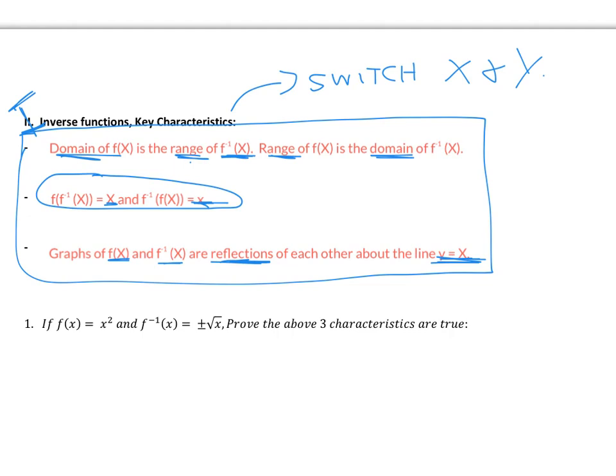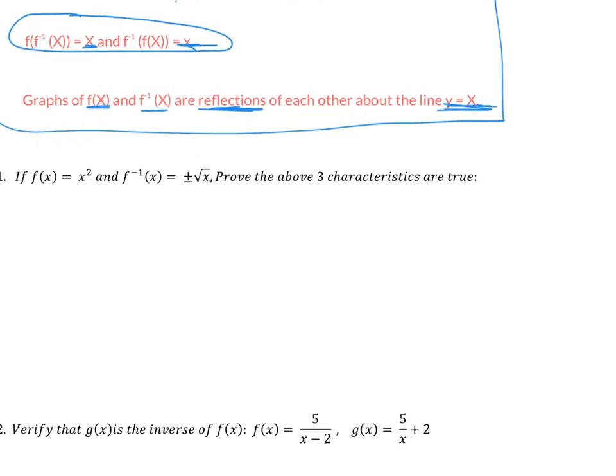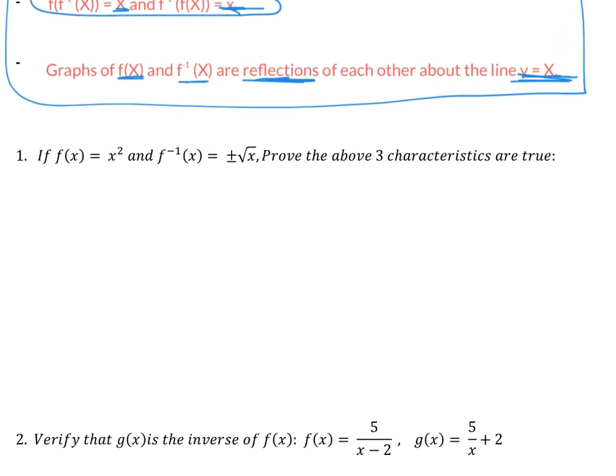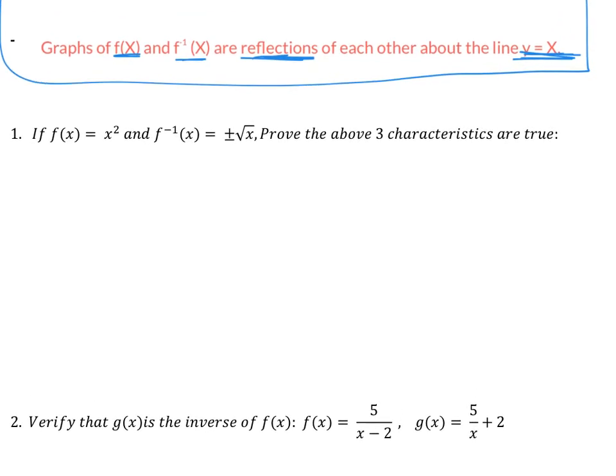Okay, let's take a look at the first example. Let's zoom in here. You can take this down. We're going to be given a function and its inverse. The function is just our normal parabola, x squared, and its inverse is plus or minus the square root of x.